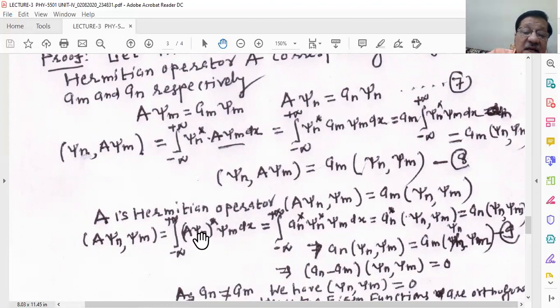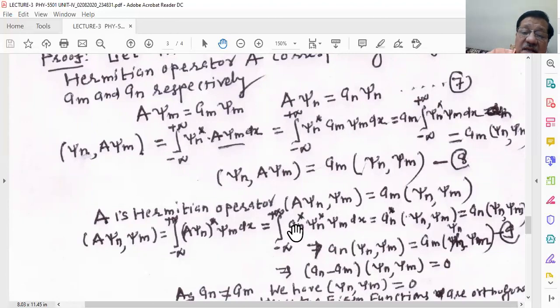Aψn is anψn, and now you take its complex conjugate. The complex conjugate of the product anψn is an* ψn*, and this ψm dx is remaining as it is.